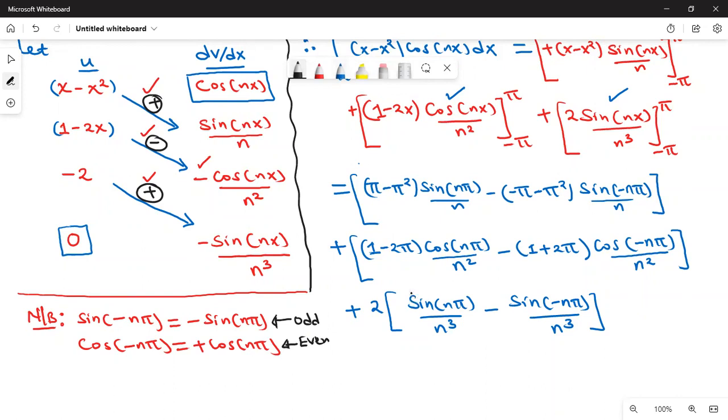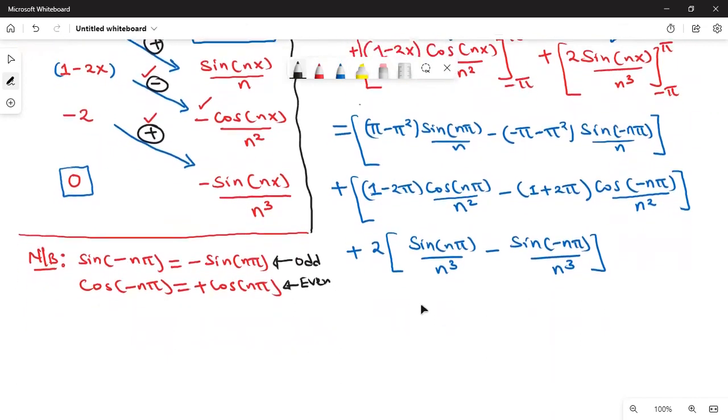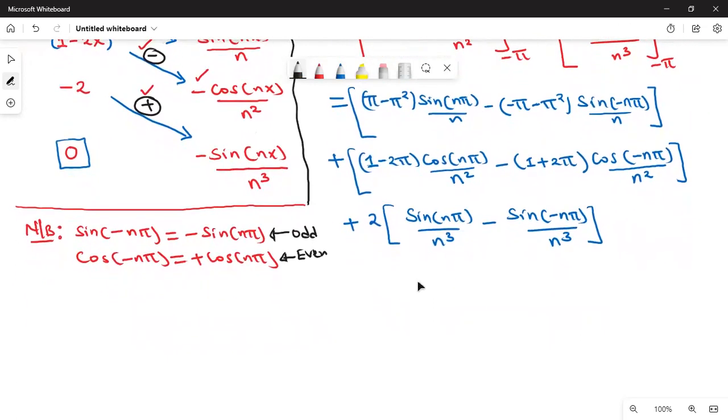Also, you need to take note of what you get when you have cos n pi and sine n pi. Sine n pi will always give you 0, where n is an integer.